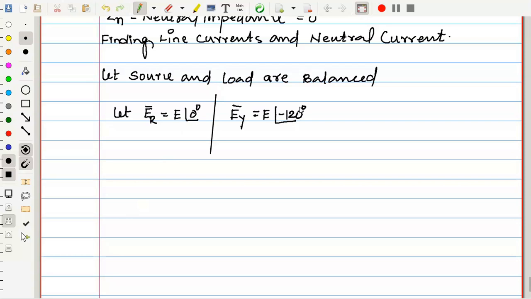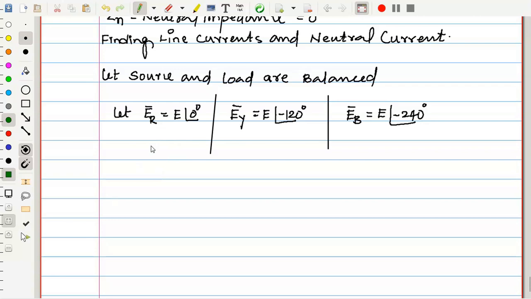All of you write along with me these things. And Eb is equal to E at an angle of minus 240. Everything is a phasor. These are phase voltages. Once we know the phase voltages, we can write up the line voltages. But as of now, line voltages are not required. But I want to write them because it gives practice which will be helpful for the next case.